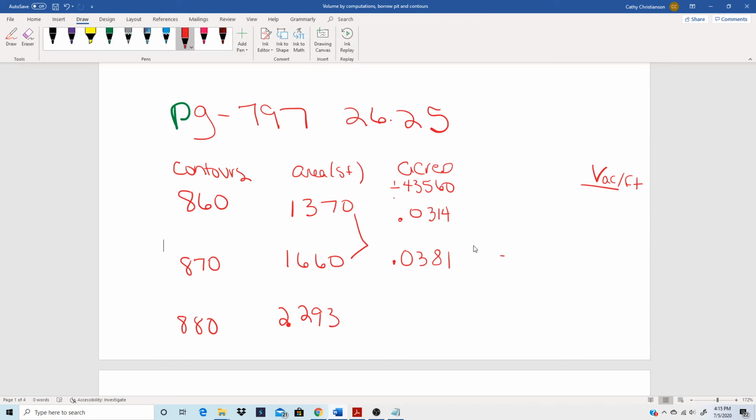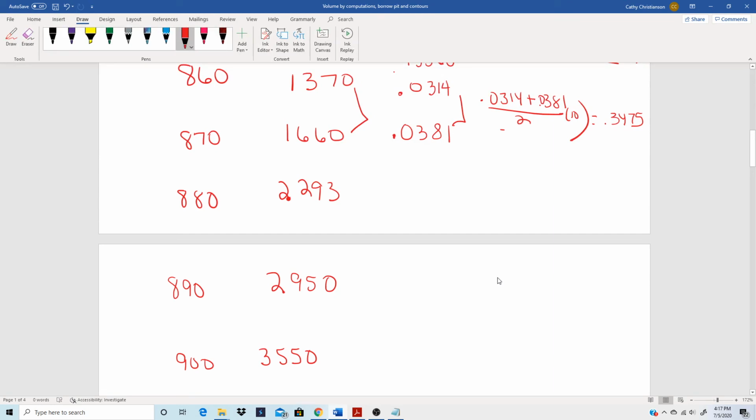Now if I take those two and add them together, divided by 2 times 10, so 0.0314 plus 0.0381 divided by 2 times 10. That answer would be 0.3475. So that's probably going to be the best way to do this.